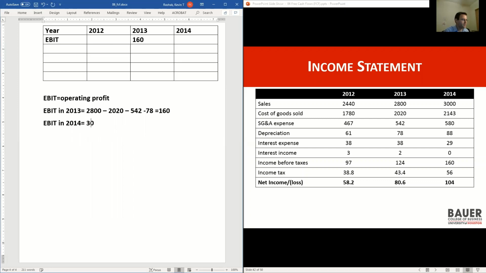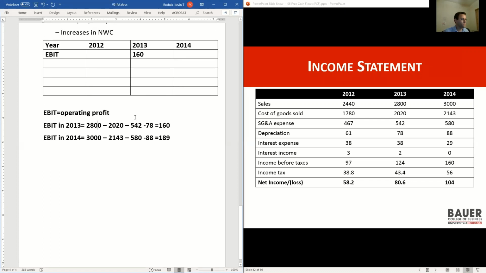So we've got $3,000 in sales. We've got $2,143 in cost of goods sold, $580 in SG&A, and then $88 in depreciation. So that gives us $189.